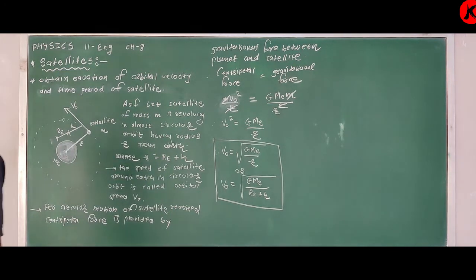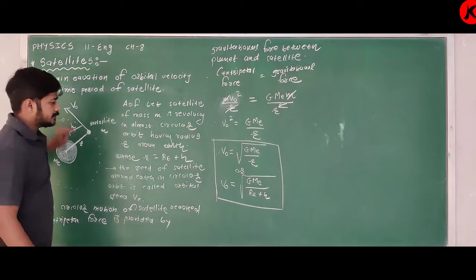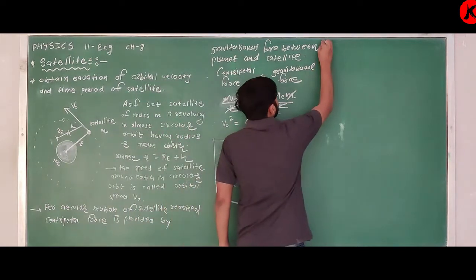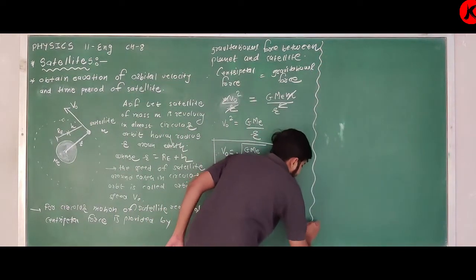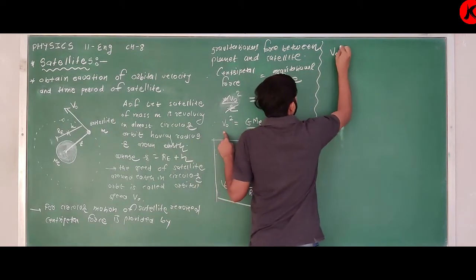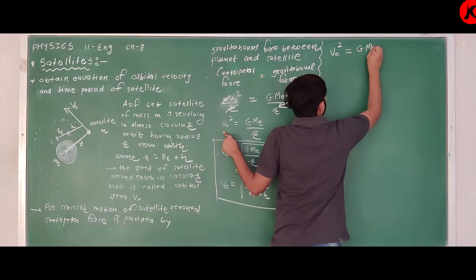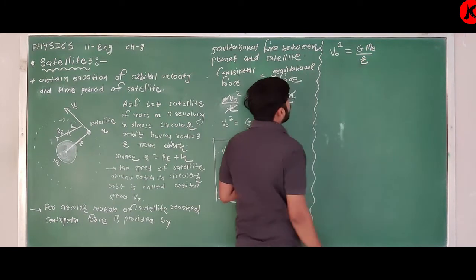What is the second question? The second question is the time period of satellite. Now how to obtain the equation of time period? See here. From this equation, V0 square is equal to G Me upon r.